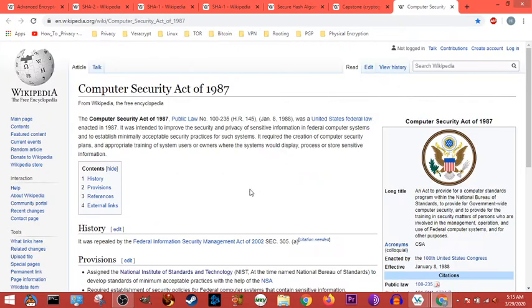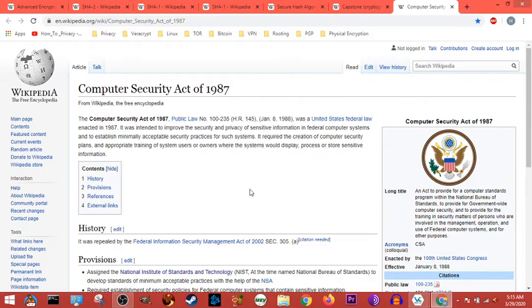So one day, the United States back in the 80s recognized that the computer industry was going to be very, very big, that it was going to revolutionize the economy.